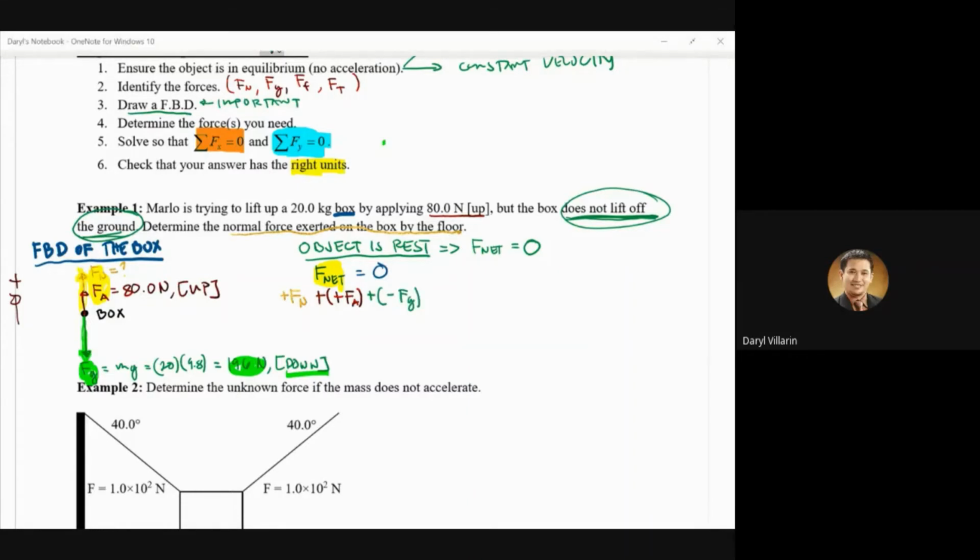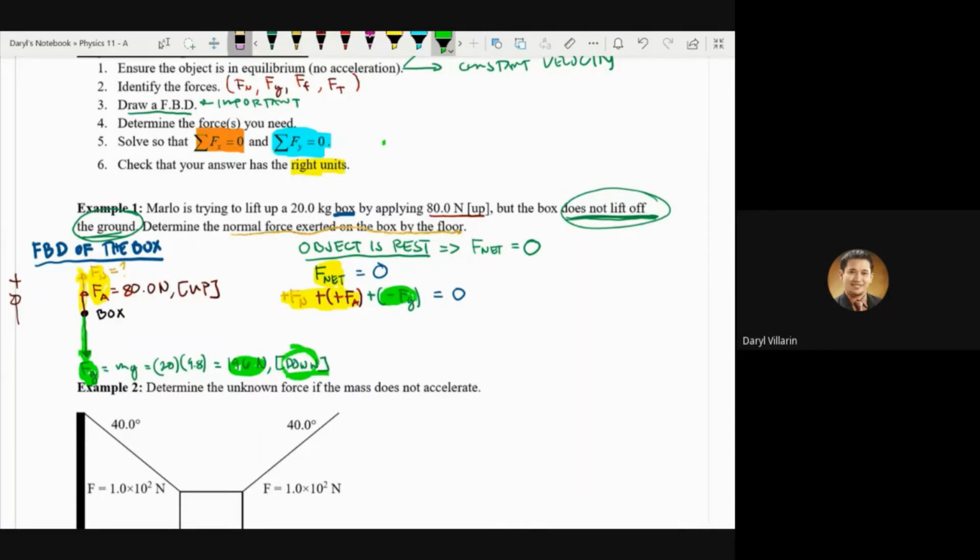And again, the algebraic sum of this is equal to 0. Okay? So again, these are the upward forces. That's why the sign convention is plus. The other one, which is the weight, is negative because it's directed downward.